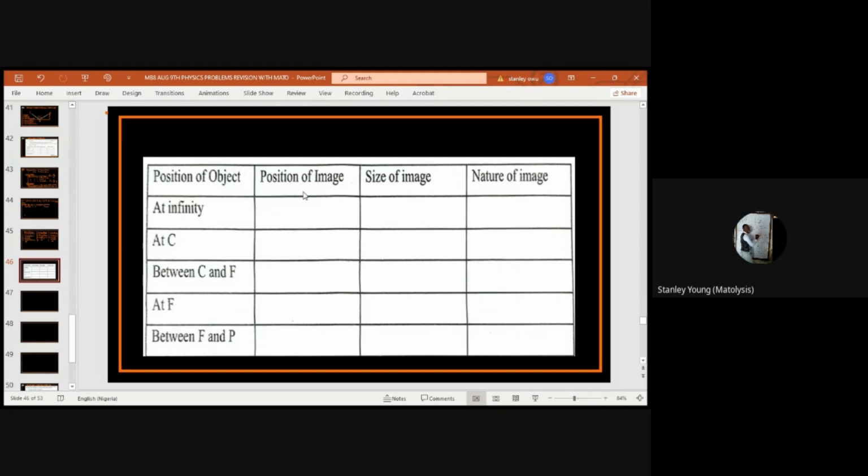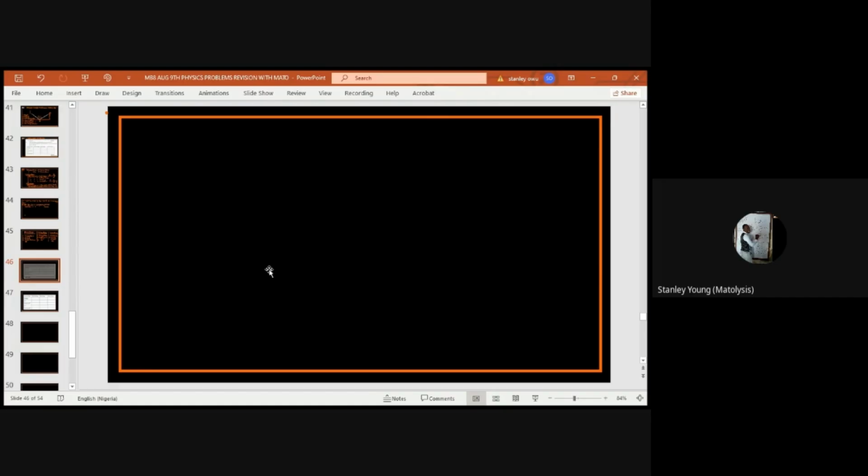We have position of object, position of image, size of image, nature of image. Then we have different positions for the object. The first case is the object at infinity, at F. Okay, so let me quickly do a summary so that you understand this better.